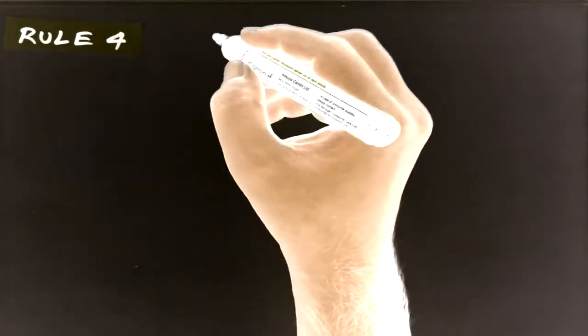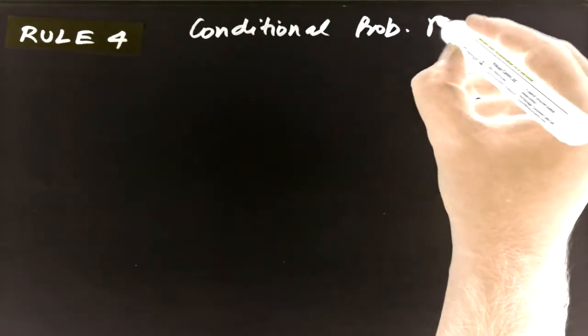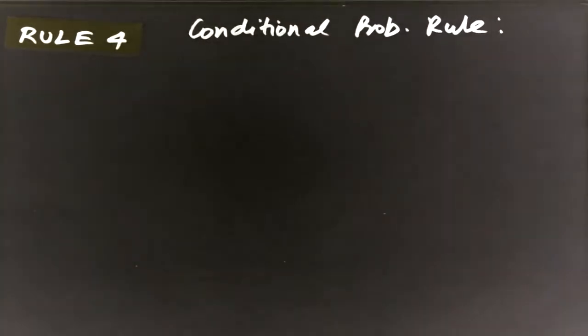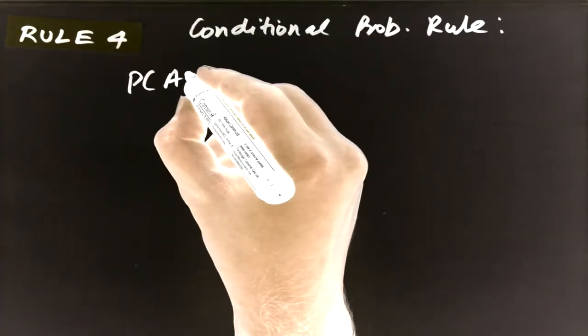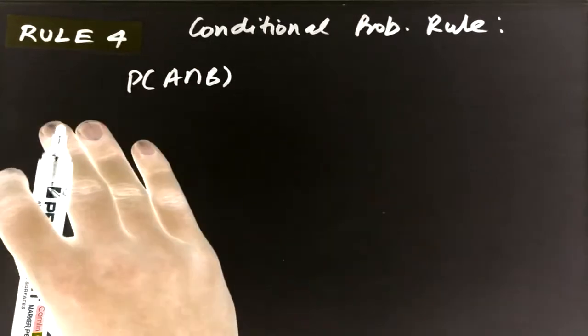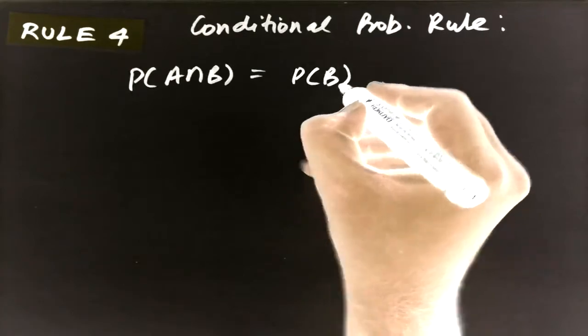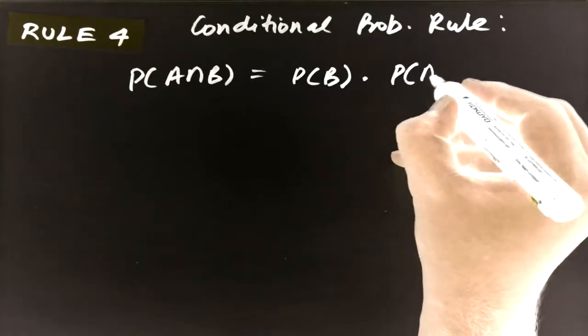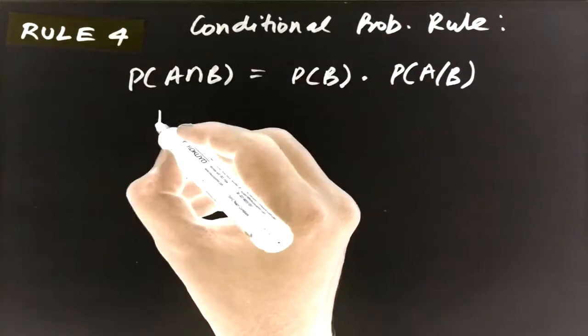Now it's time for rule number 4. The rule number 4 states, this is the conditional probability rule, and it simply states that the probability of A intersection B will be equal to probability of B multiplied by probability of A upon B. B is upwards and B is downwards here.